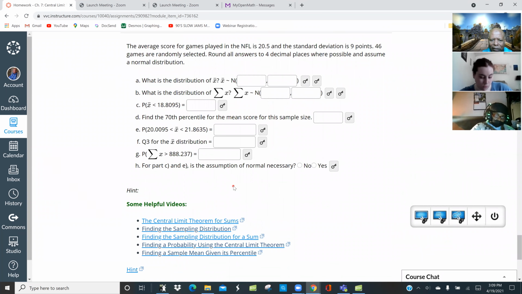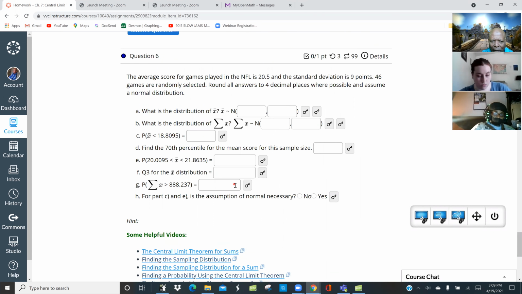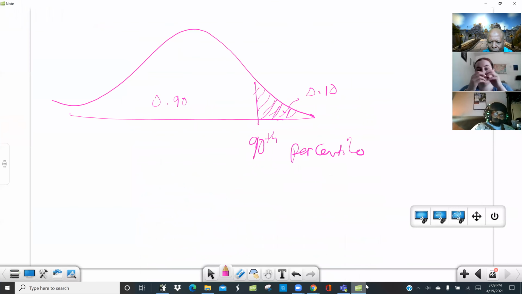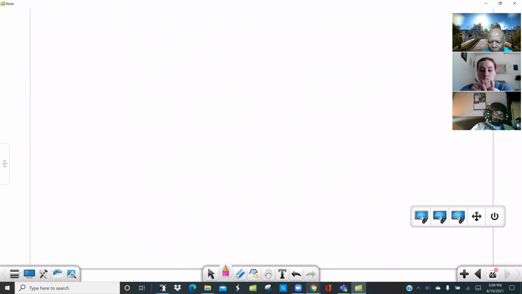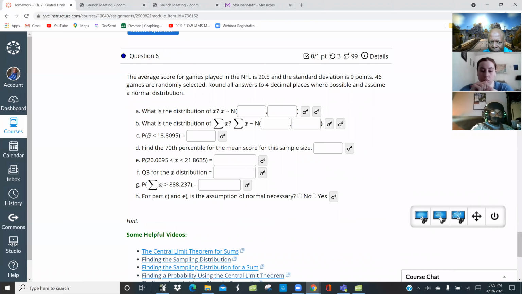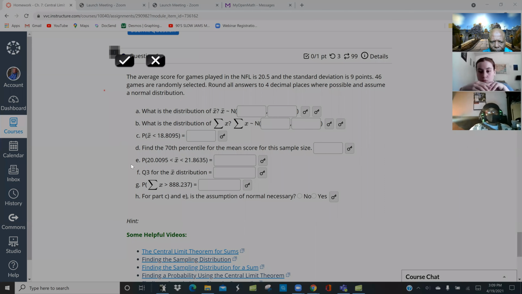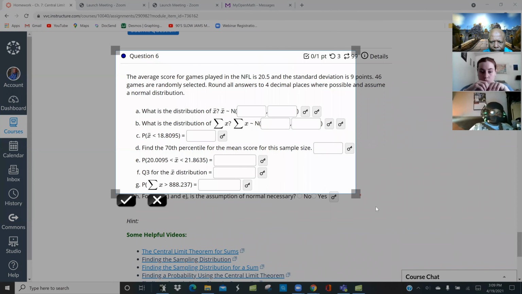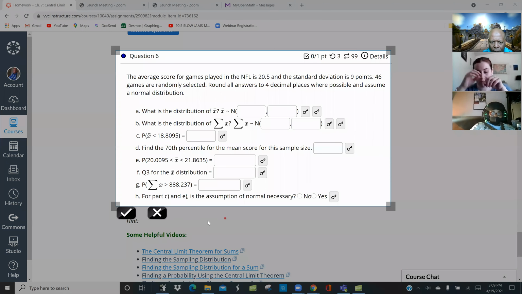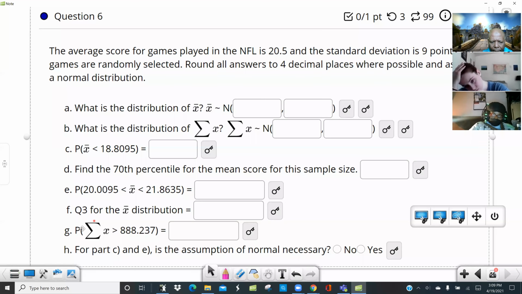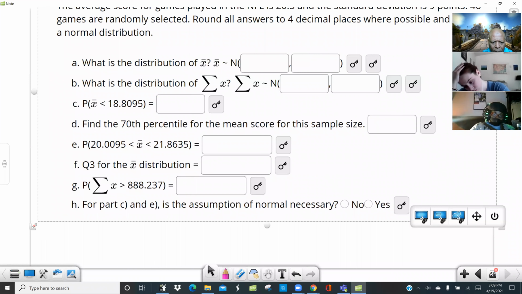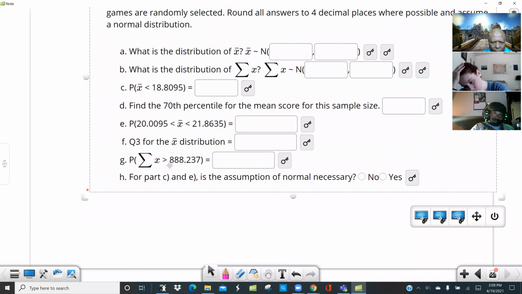All right, so that is what we have here. Maybe I can bring out number 6 here for you before we look at the last part. So here's number 6.